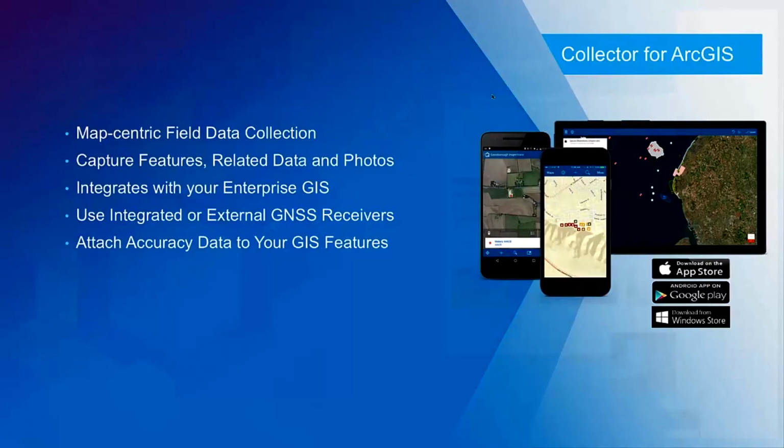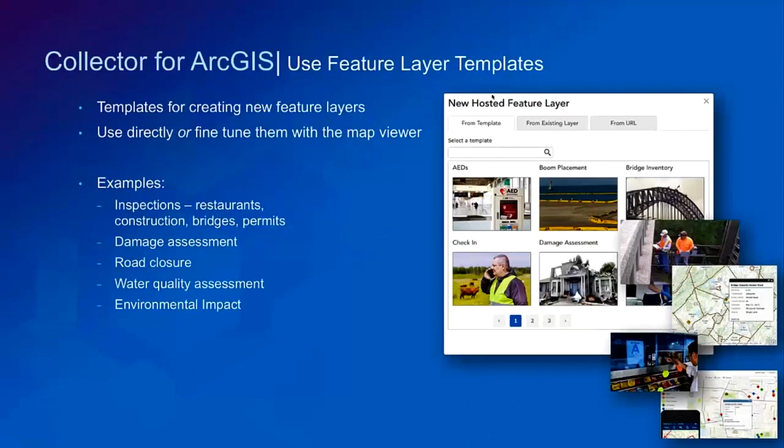Something I wanted to mention about Collector is that inside of both ArcGIS Online and the on-premises portal, we have this concept of hosted feature layer templates. And I wanted to point this out because we have over 60 different templates inside of ArcGIS Online and the portal today. And they have a wide range of different use types.